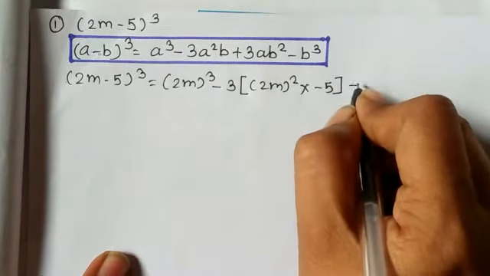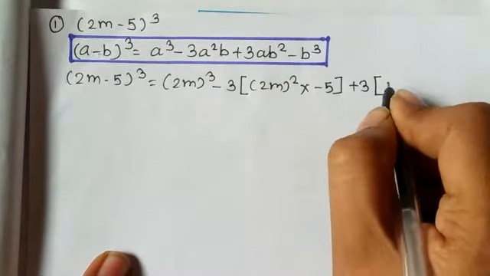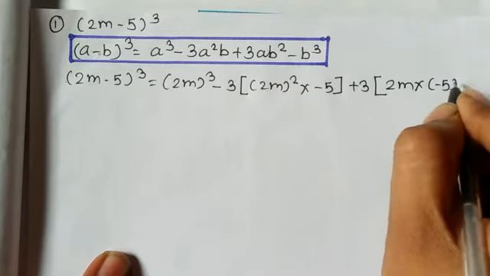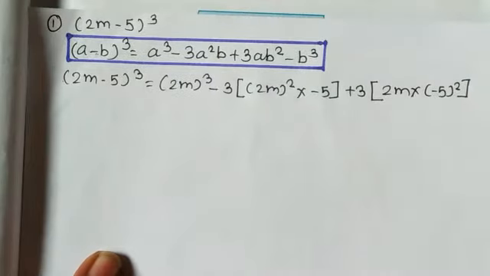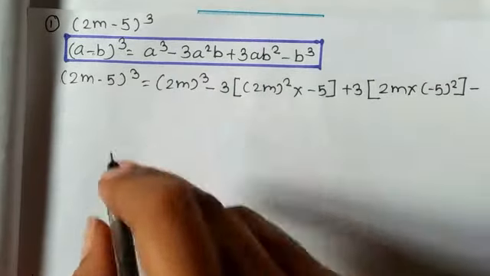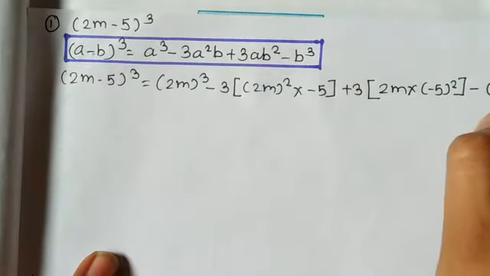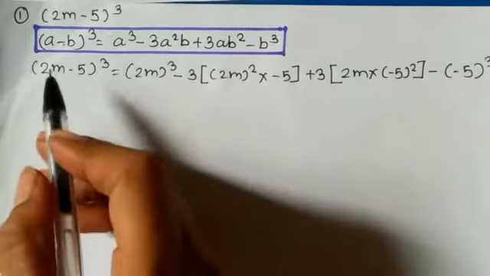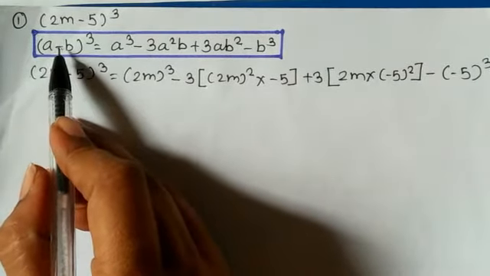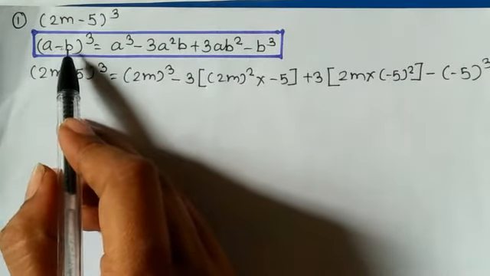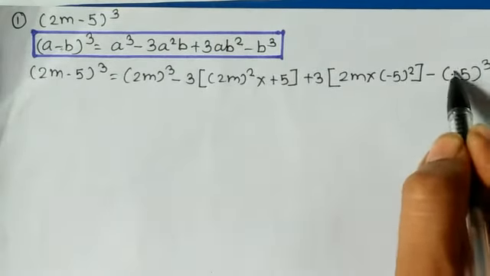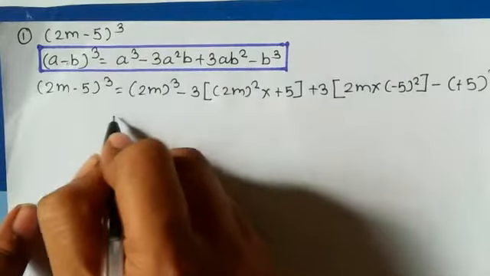Bracket complete, plus 3 into bracket 2m multiply with the negative 5 square, bracket complete, minus second term's negative 5's cube. But students, as we have used the formula of negative, it means a minus b, so there is no need of writing this negative symbol. Let's go ahead.